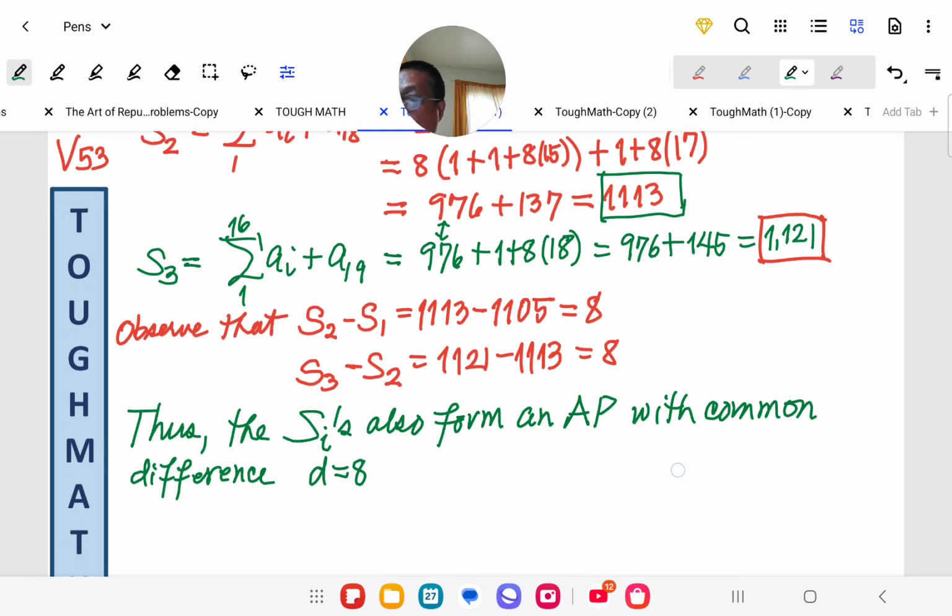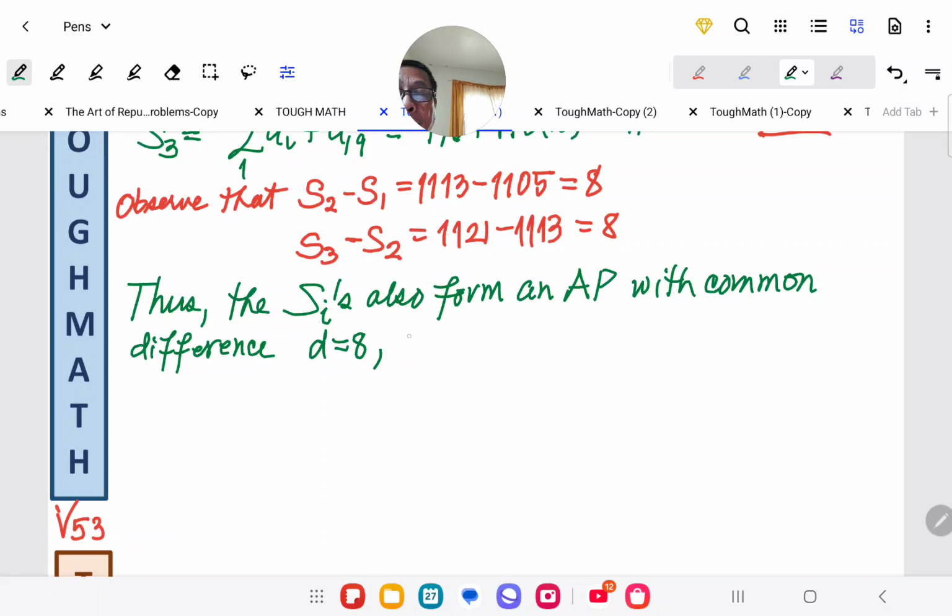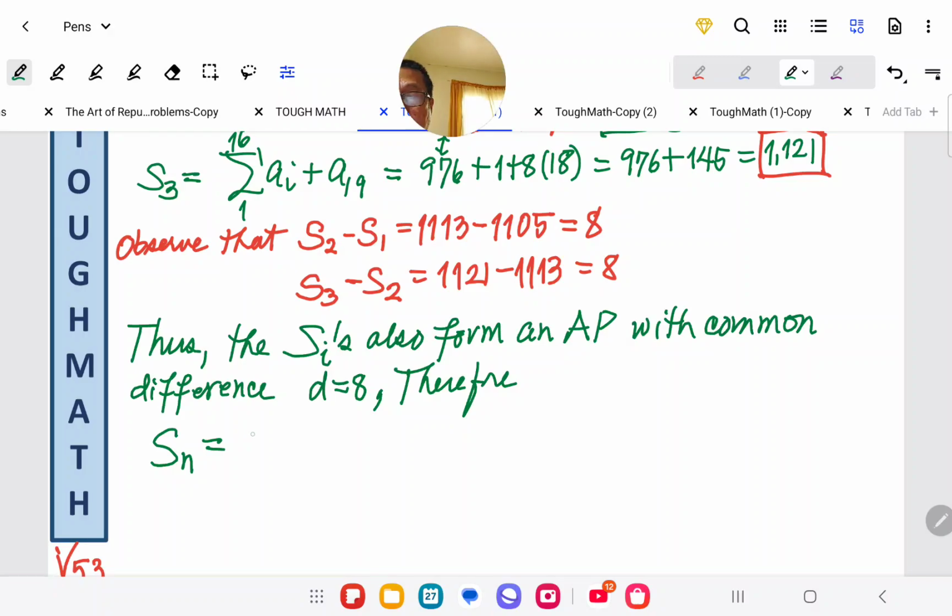Therefore, S sub n, the largest, is equal to the first term, S1, plus 8 times n minus 1.